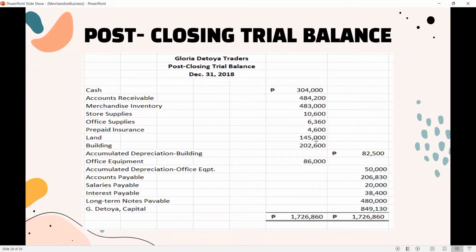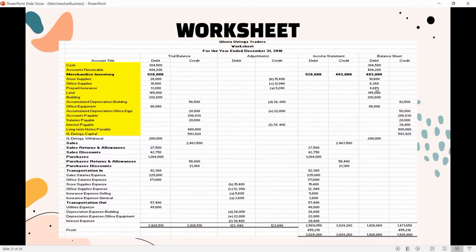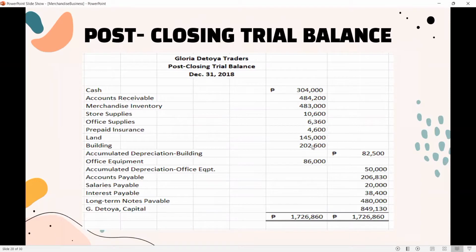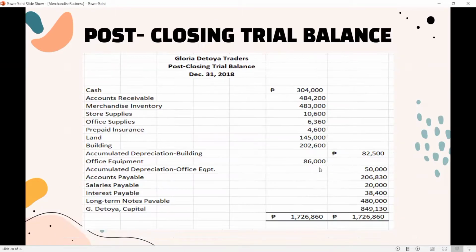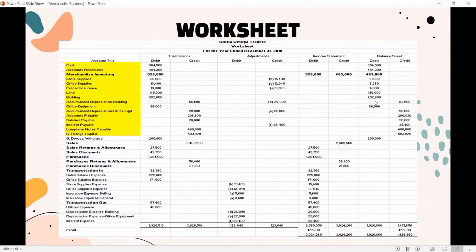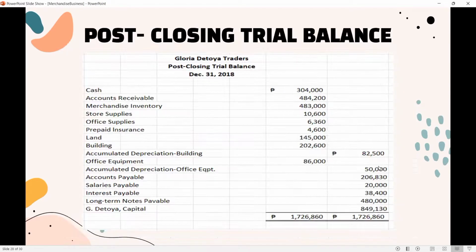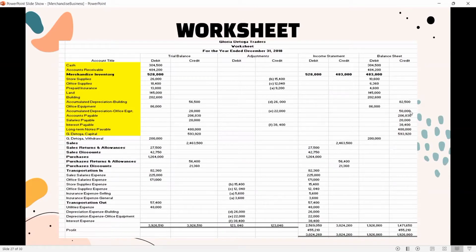Land. Ito yon. Building naman 202,600. Accumulated depreciation building, naka-credit kasi contra account, 82,500. Office equipment, 86,000. 50,000 accumulated depreciation office equipment, contra account, kaya credit.